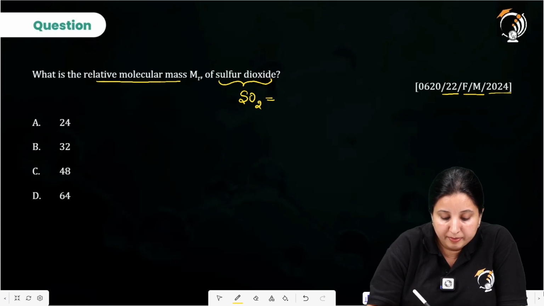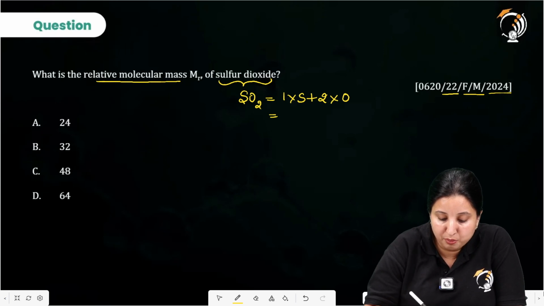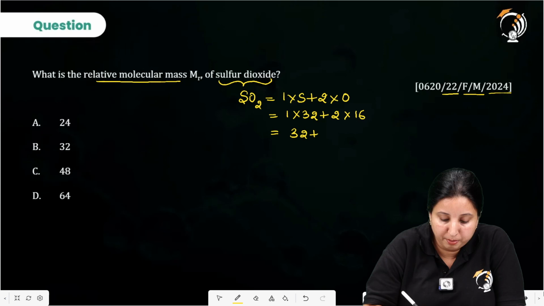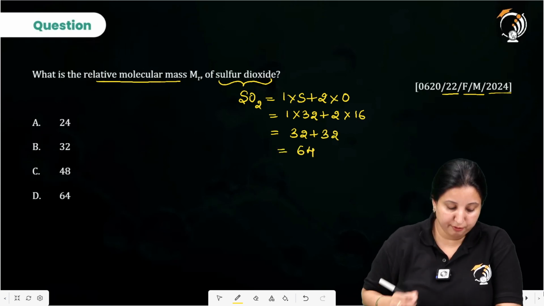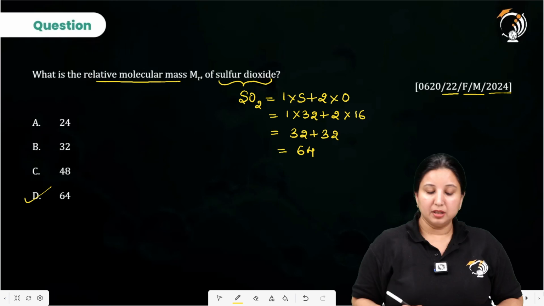So basically 1 multiplied by sulfur plus 2 multiplied by oxygen. Now for the sulfur, the mass number is 32, and for the oxygen it is 16. So basically it is going to be 32 plus 32, which is going to be equal to 64. So the correct answer in this particular case is going to be option D.